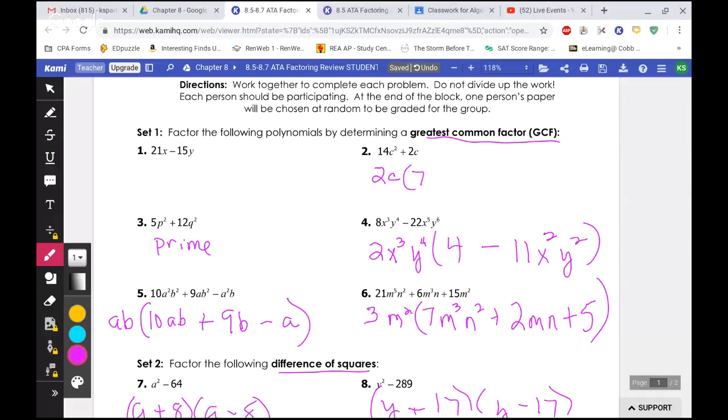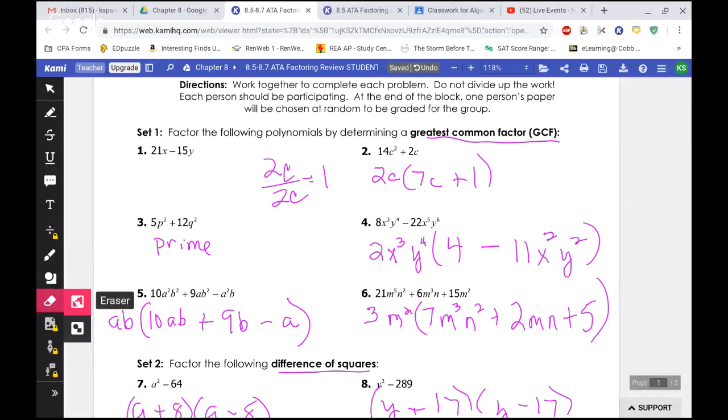And then C squared divided by C gives you C. Good job. And then 2C divided by 2C gives you 1. Anything over itself is 1, like 4 over 4. So 2C divided by 2C is 1. Good job.